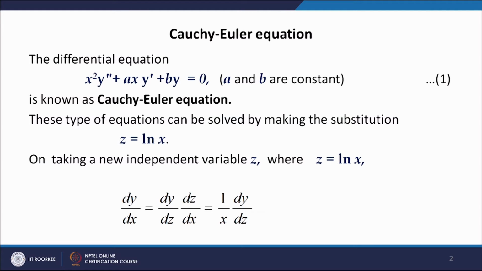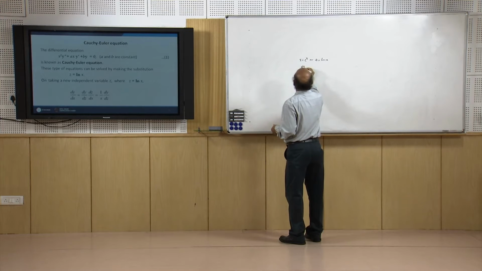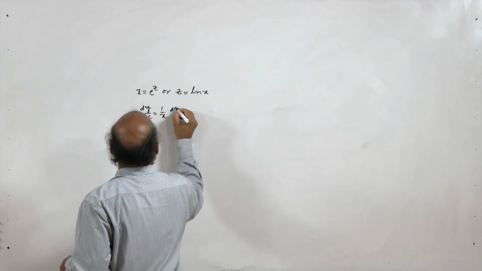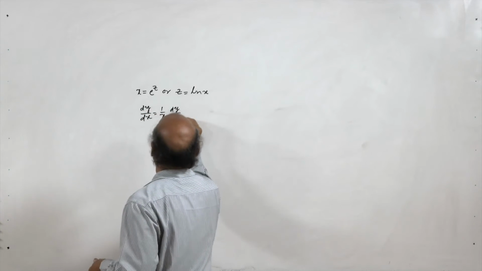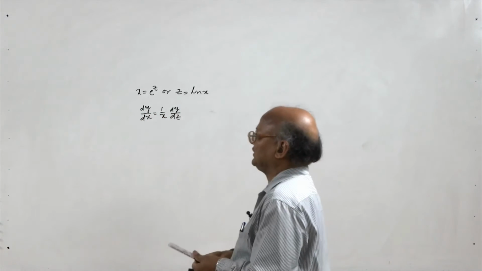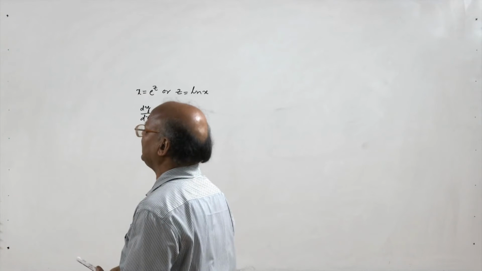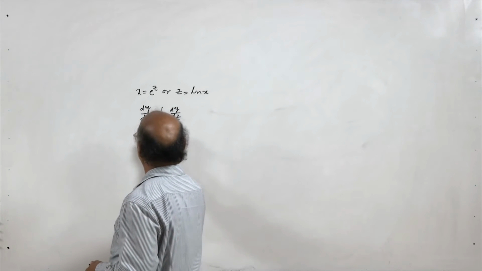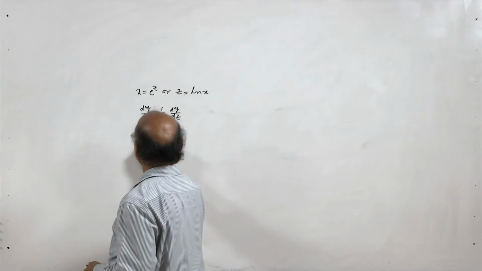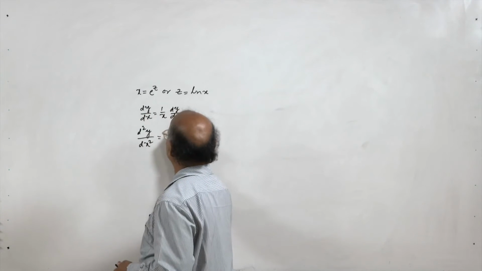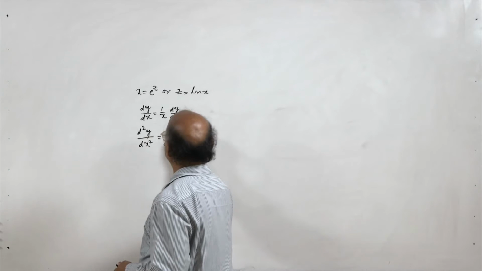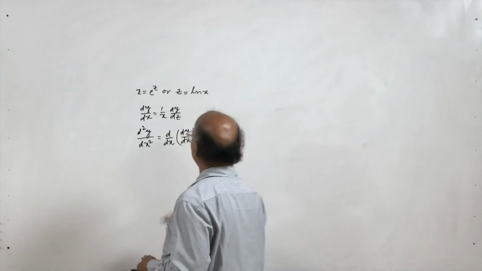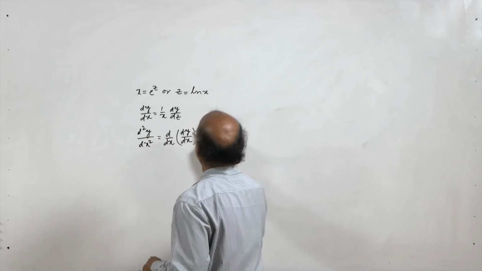So dy/dx we get as (1/x) dy/dz, and now let us find d²y/dx². d²y/dx² is nothing but the derivative of dy/dx.